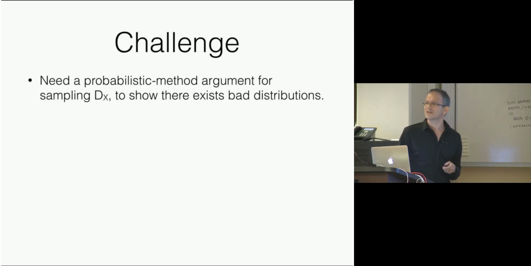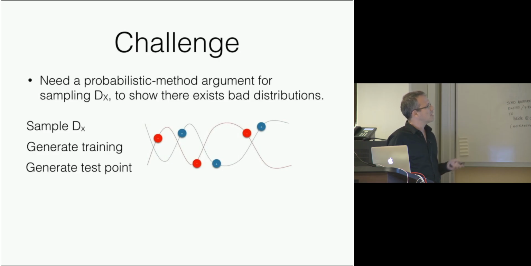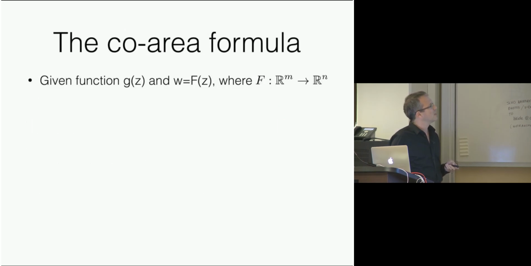So there are many technical challenges in showing this. Basically, you need to show that there's a generative process using a probabilistic argument. This generative process is where you sample things like this and then test them on a new example, that you'll get arbitrarily bad generalization error.